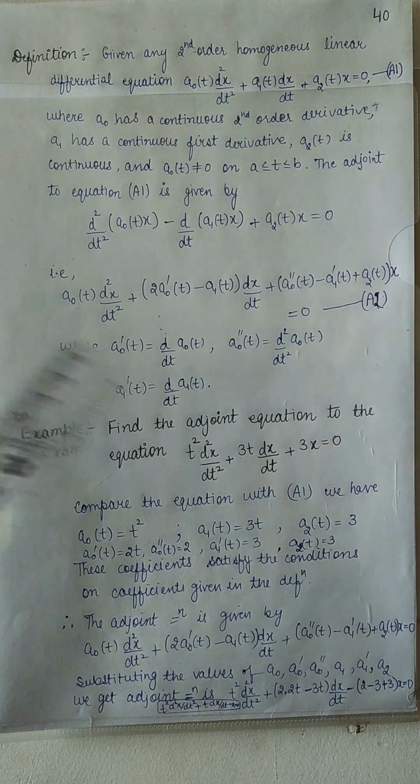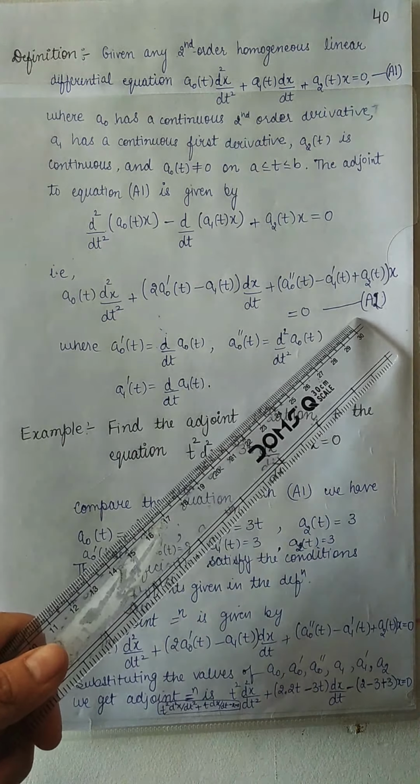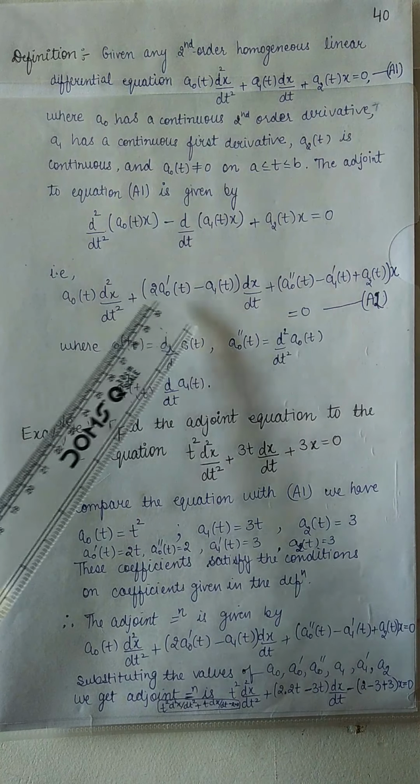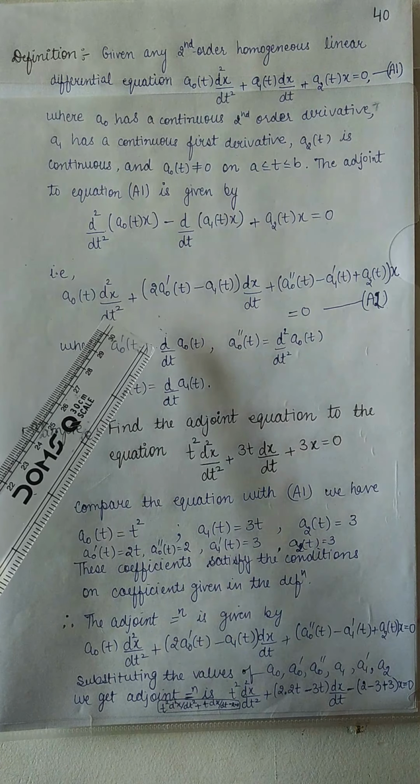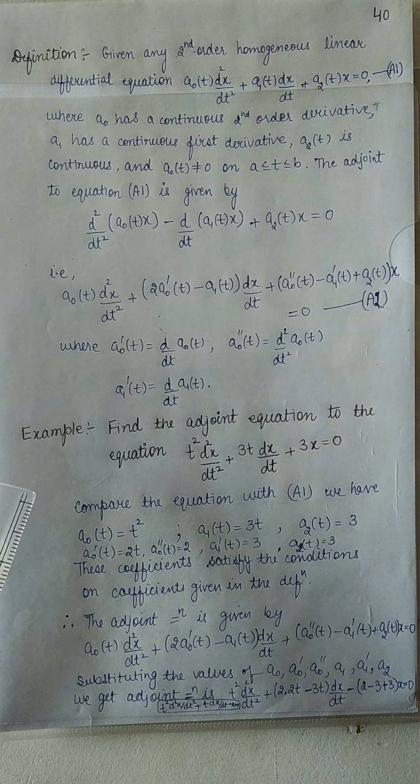This equation is marked as A2, where a0', a0'' and a1' denote the derivatives of the terms a0 and a1.